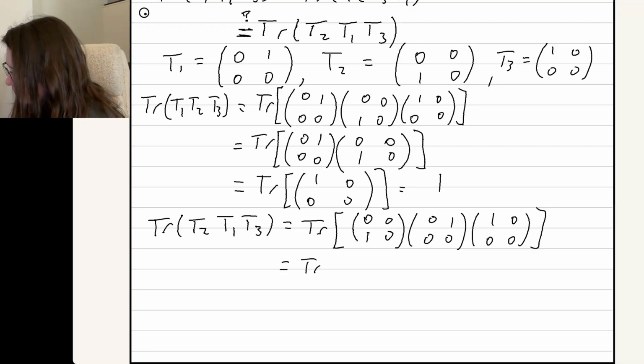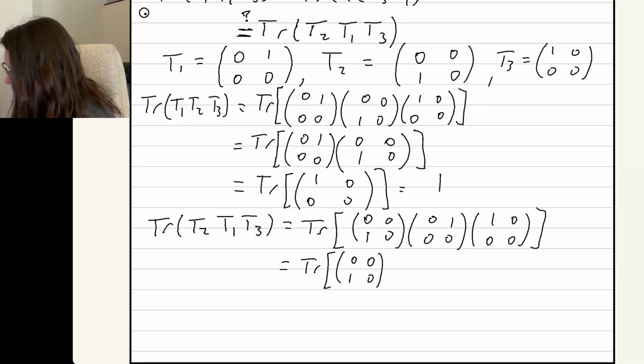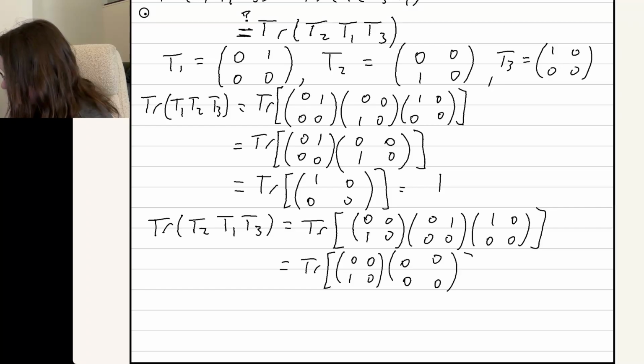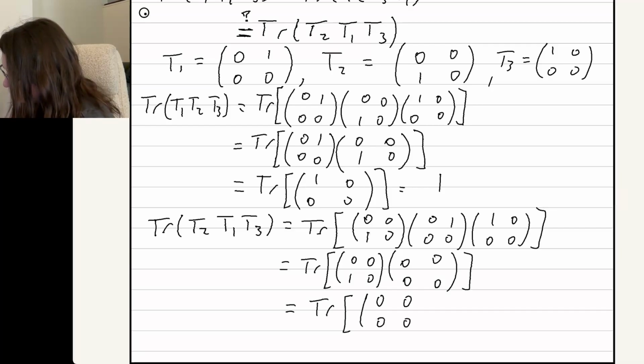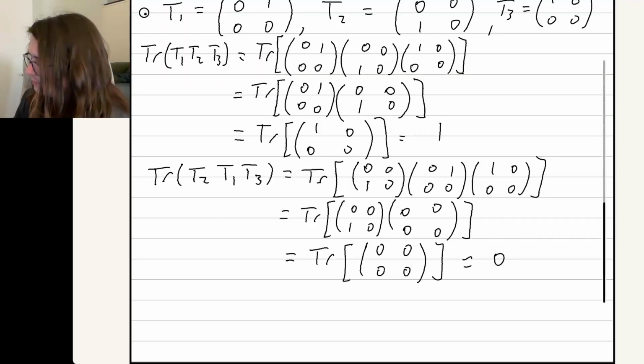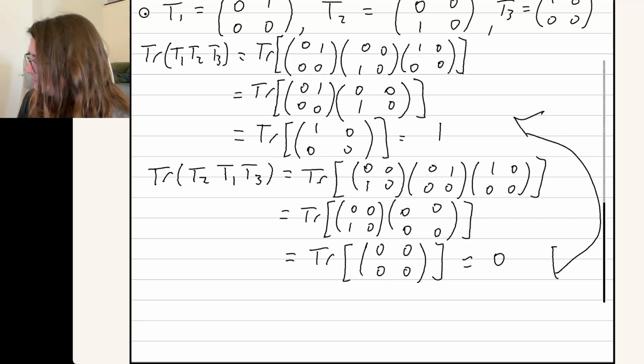So we take the trace of this matrix multiplied by the product of those two matrices, which is actually 0 here, 0 here, 0 here, and 0 here. So we get that it's the trace of the matrix 0, 0, 0, 0, which is obviously 0. So no, they're not equivalent. Fancy that.